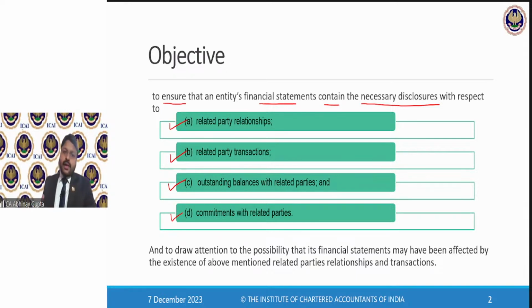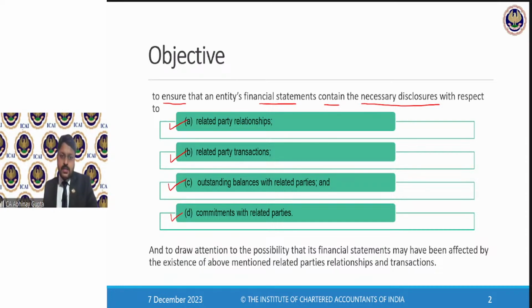The holding company might be selling the product at cost to the subsidiary, or vice versa, or the subsidiary company might be purchasing raw material from the holding company or any fellow subsidiary company, JV or associate at below market prices. So it may affect the profitability of either of the entities, right? We generally do transactions at fair value or arm's length with any third party, but that price may have been impacted because of these relationships.